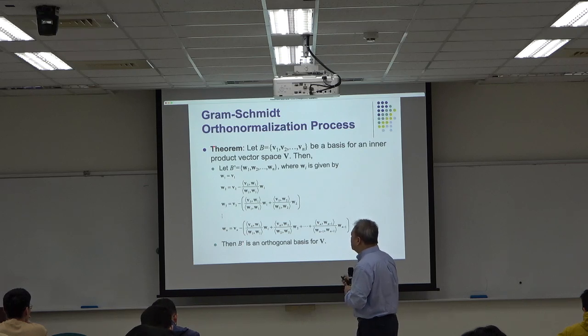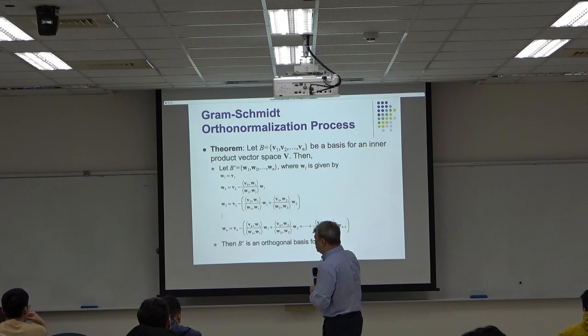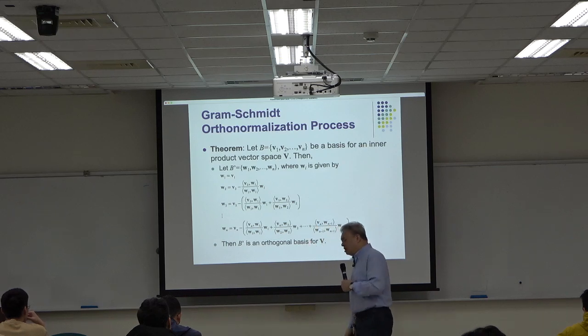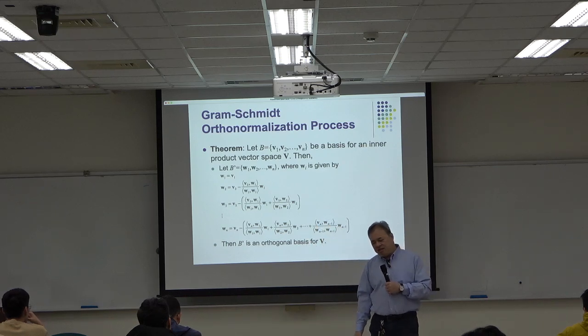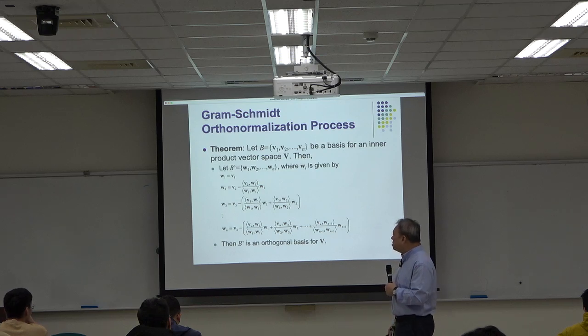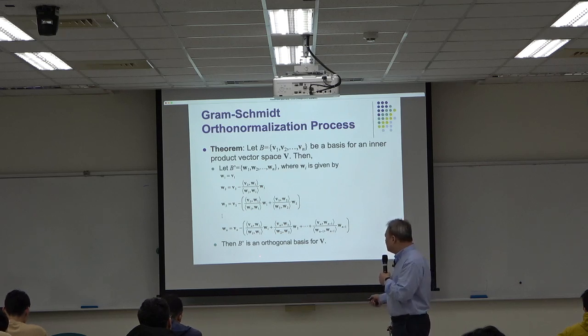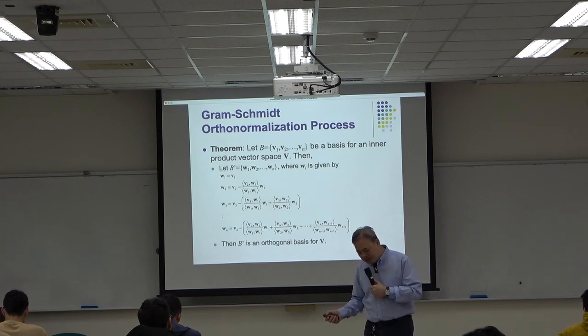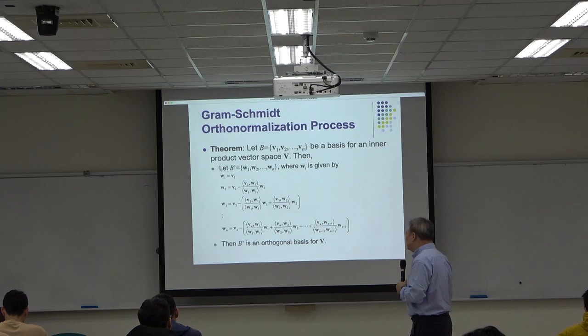By doing so, we can construct n vectors, each pair of them orthogonal, and they form a basis for the same vector space. I think we talked about this last time already.